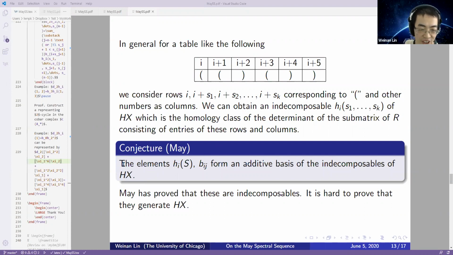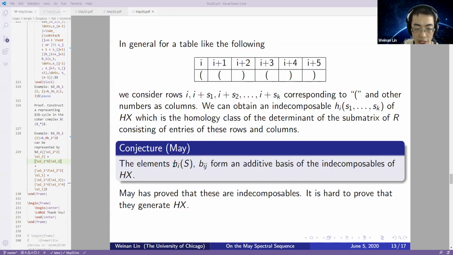I have to mention that when S is empty, when we have only one pair of parentheses, I mean i and i plus 1, then S is empty, so we simply omit S and write H_i. So H_i corresponds to the simplest expression, which is the matrix of one entry located in the ith row and the i plus first column. So H_i is included in this.